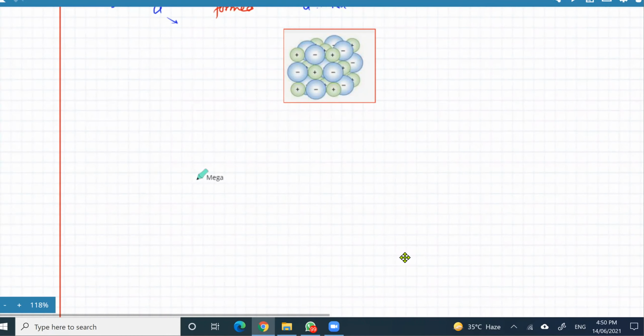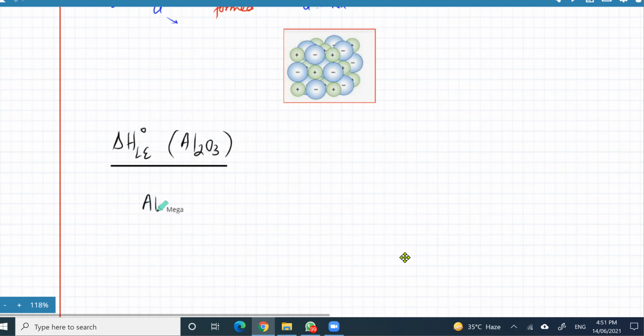So it's only limited to ionic substances. For example, if I want to write the lattice energy, delta H lattice energy, of any other ionic compound like aluminium oxide, Al2O3, the equation whose energy change we're talking about has aluminium ions in gaseous state and oxygen ions in gaseous state, and they get together to form 1 mole of solid ionic lattice, which in this case is aluminium oxide, a solid.